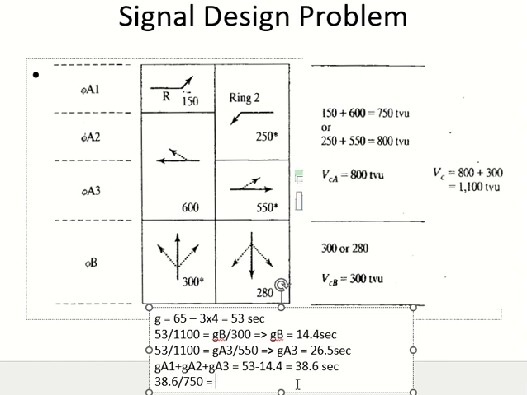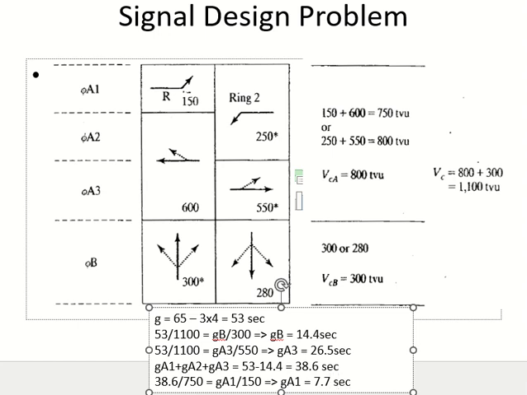I want the time of A1 divided by the volume of A1 from this sequence, which is 150. How much? 7.7.